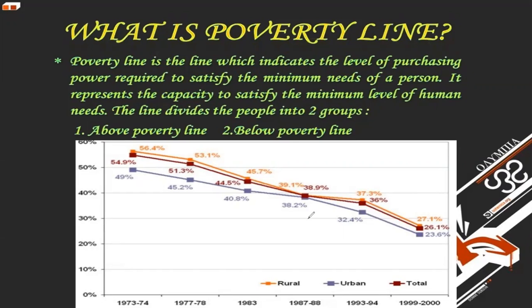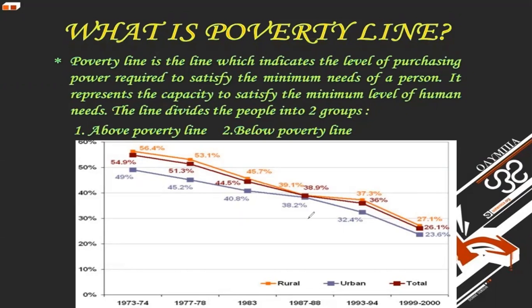Official data on poverty is made available to the public by the Planning Commission. It estimates on the basis of consumption expenditure data collected by the National Sample Survey Organization, in short NSSO.